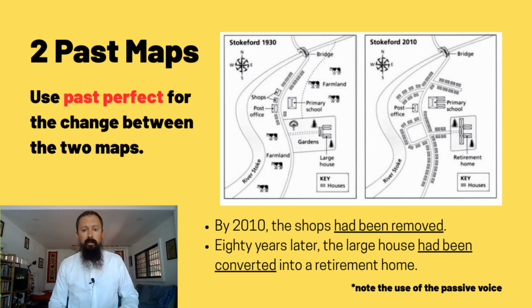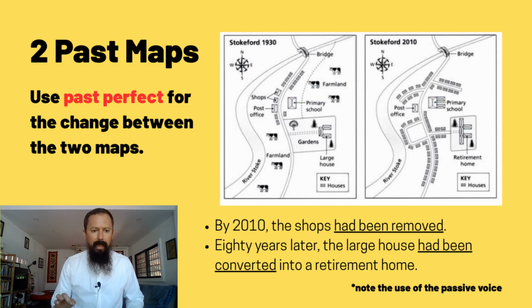It's very unlikely that it existed from 1930 up until 2009 and then was removed the next year. So we use the past perfect to show that this change happened at some point between 1930 and 2010. So here are two examples. By 2010, the shops had been removed. 80 years later, the large house had been converted into a retirement home.